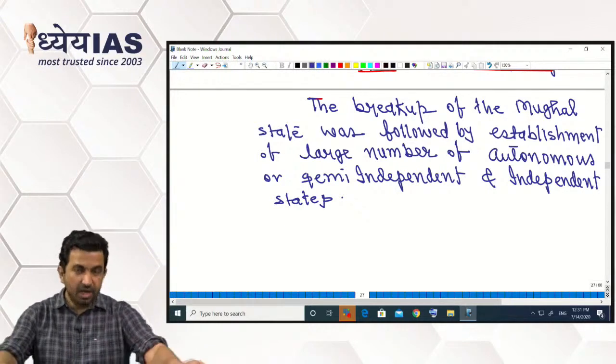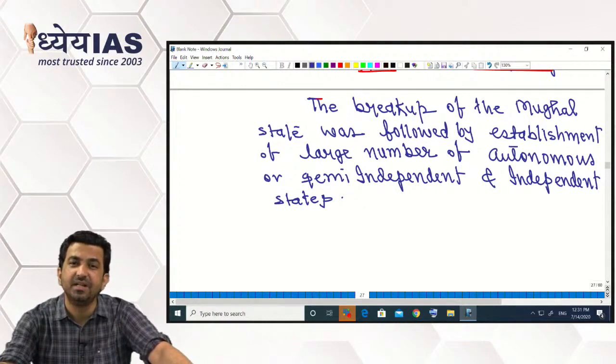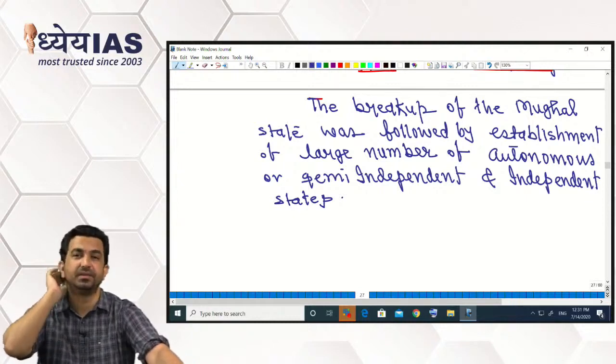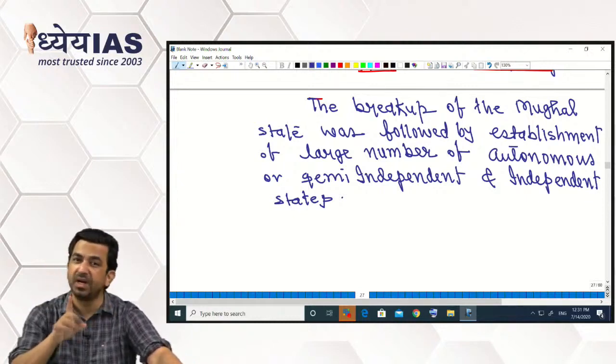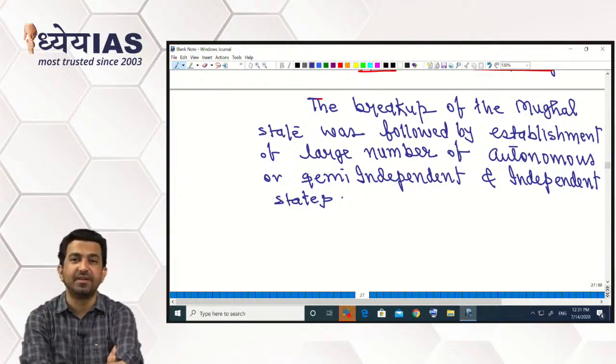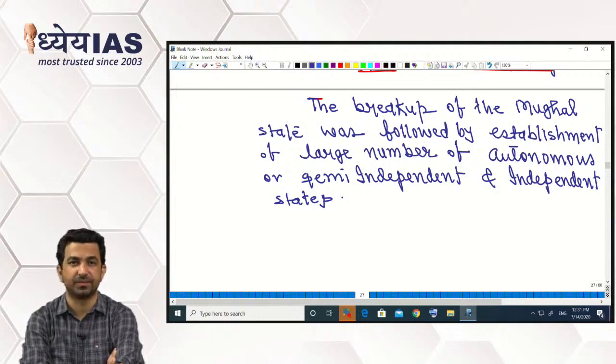He was the last powerful Mughal emperor. When he passed away in 1707, he was succeeded by three sons, Muazzam, Azam, and Kambaksh.